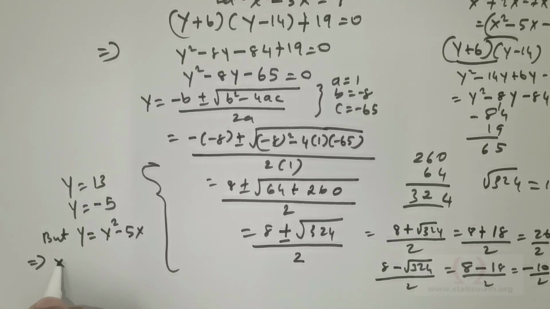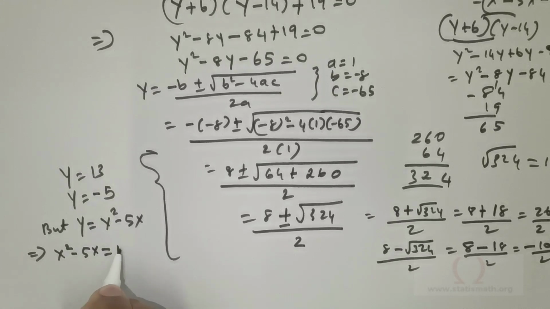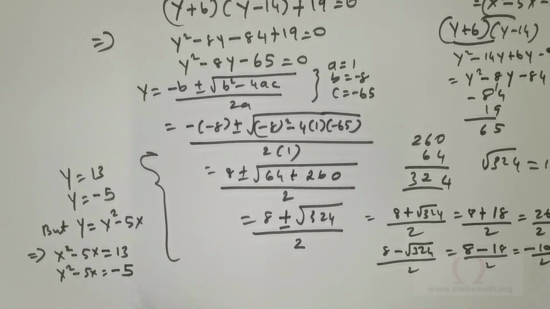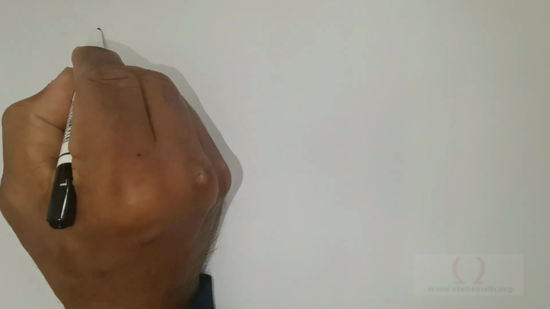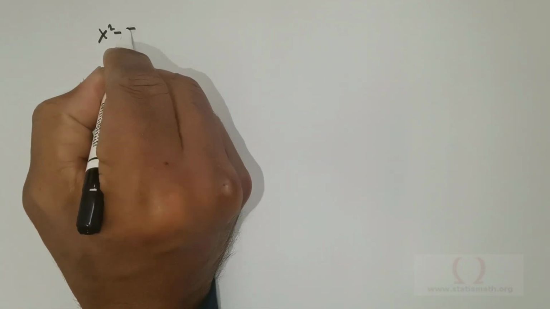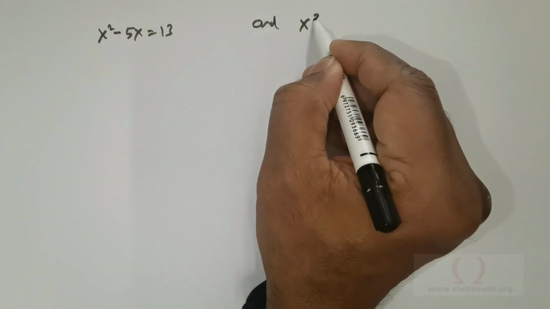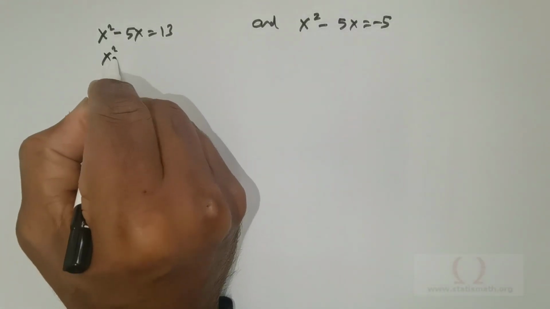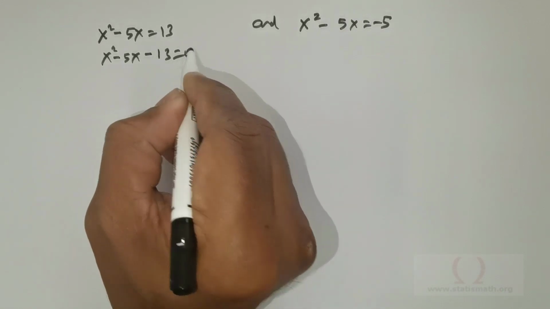So this implies x squared - 5x is equal to 13 and x squared - 5x is equal to -5. Let me solve those equations. The first one gives me x squared - 5x - 13 is equal to 0.